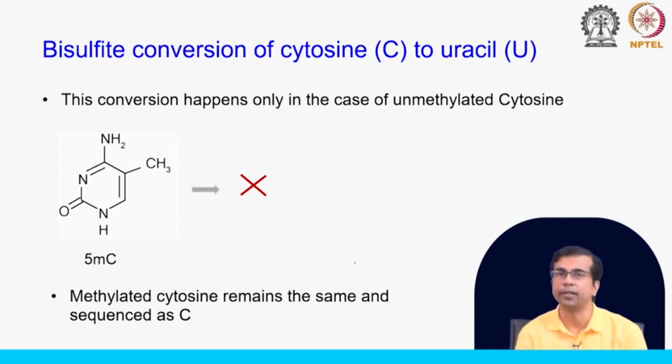So, methylated cytosine remains the same and is sequenced as C. So, in the sequence data, you will observe that some bases remain as C even after bisulfite treatment, and some bases are converted to T. Now, based on this, you can say which base is a normal C, and which bases are 5-mC. So, you can identify those cytosines that actually carry this methylation.